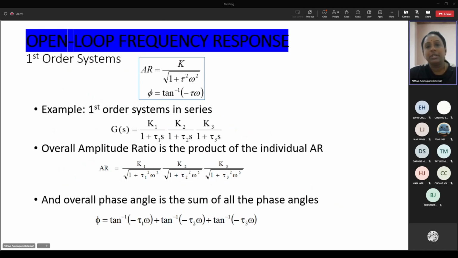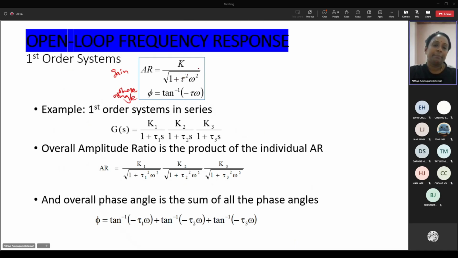Now, open loop frequency response. Just now, the open loop system that we saw, this is the standard formula to calculate the amplitude ratio and the phase angle. So this is the gain and this is the phase angle. Right?